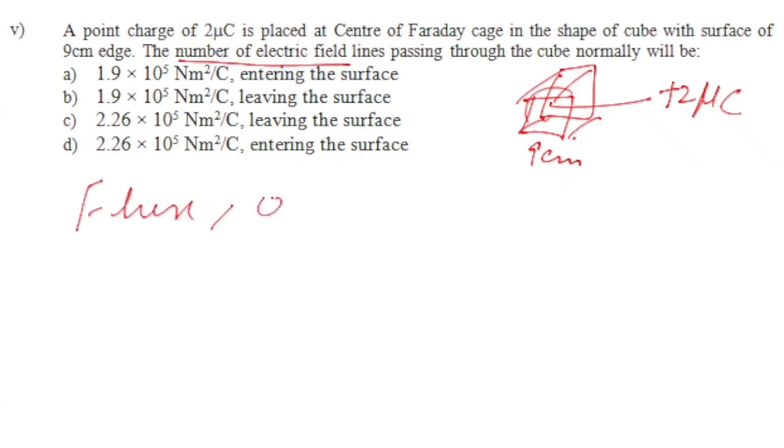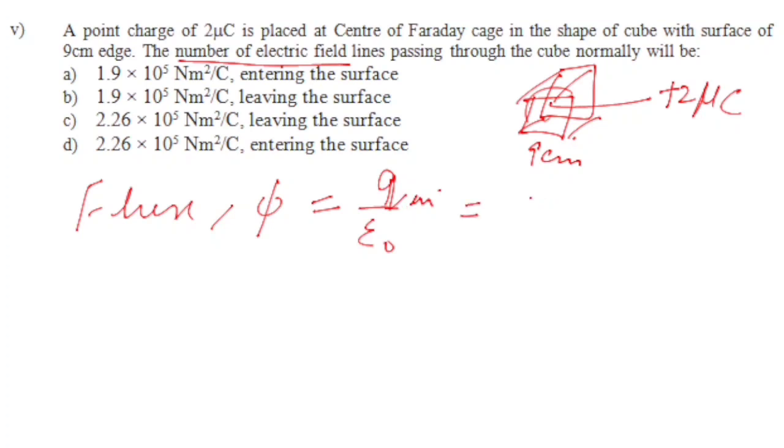Flux means phi. And according to Gauss theorem, what is flux? This is a Gaussian surface. It means closed surface. Inside the closed surface plus 2 microcoulomb charge is present. So I apply Gauss theorem for closed surfaces. Total flux through any closed surface is equal to 1 by epsilon naught times total charge enclosed within the surface, Q inside. So what is the value of Q inside? 2 microcoulomb.